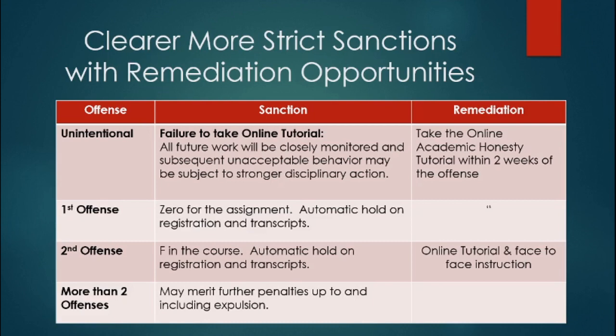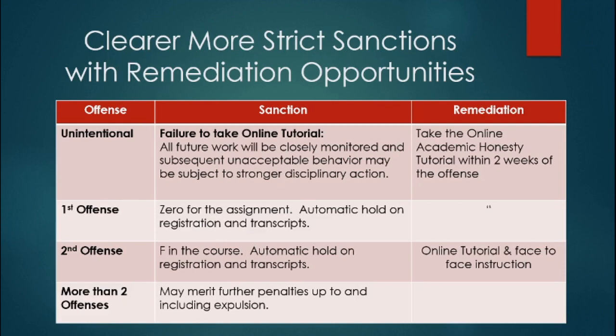Basically it's a way for us to monitor how the faculty are dealing with academic integrity or honesty in an informal way. So they still submit the report, nothing goes on the student's record. The only thing they have to do is take the online academic honesty tutorial within 2 weeks of the offense.